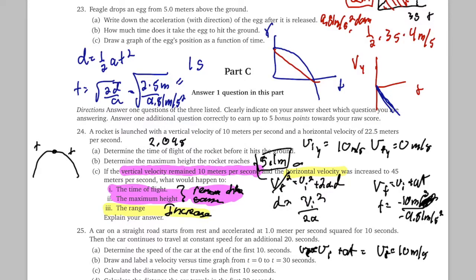Then the car continues at this constant speed for an additional 20 seconds. So we end up with a graph that looks something like this. First it's increasing, and then it's constant. This corresponds to t equals 10 seconds, and this corresponds to v equals 10 meters per second.